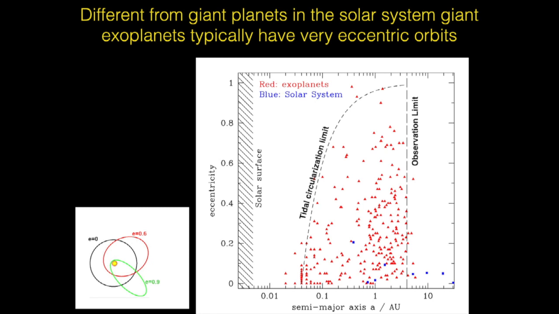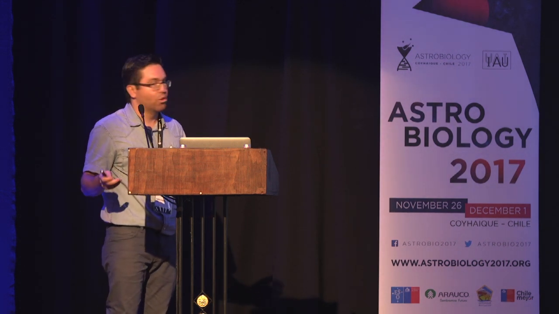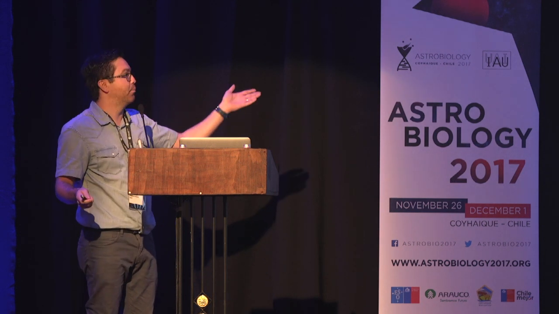What we can see clearly is that these giant exoplanets have very high eccentricities. So this is quite different from what we see in the solar system. So these are the 2 main differences that we see between the solar system and the exoplanets. You have super Earths that are extremely compact, extremely close to the star, or you have these crazy systems with giant planets in very eccentric orbits.